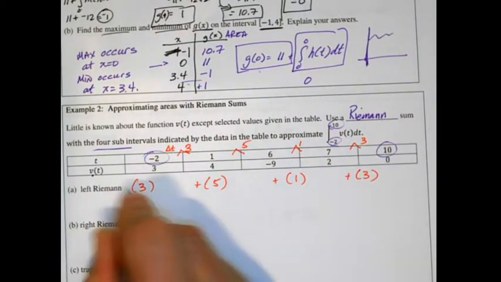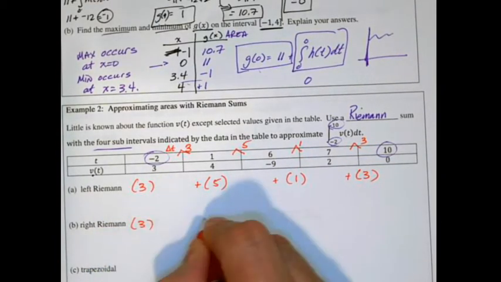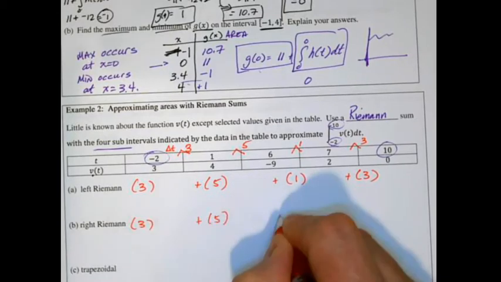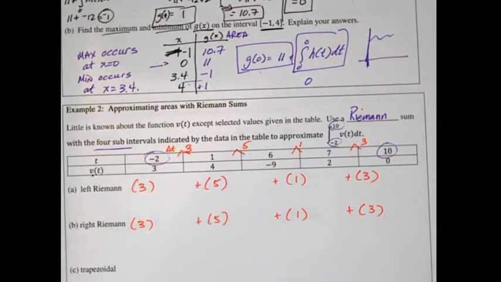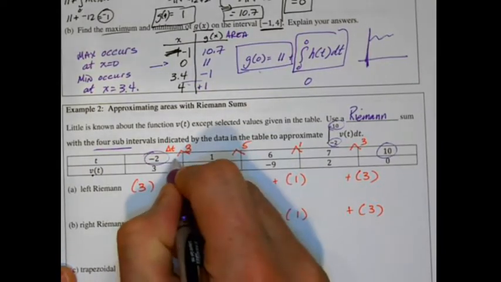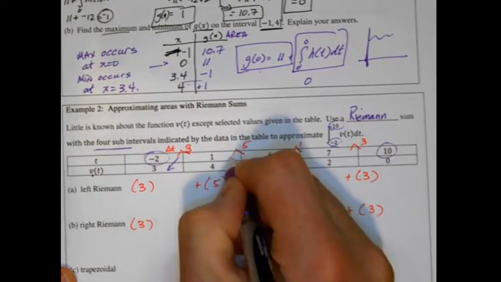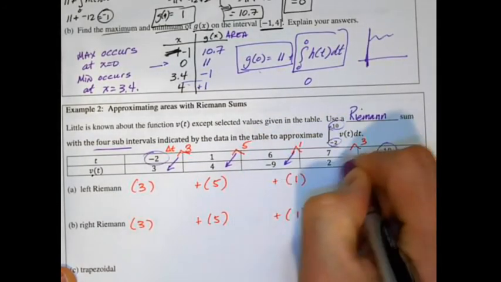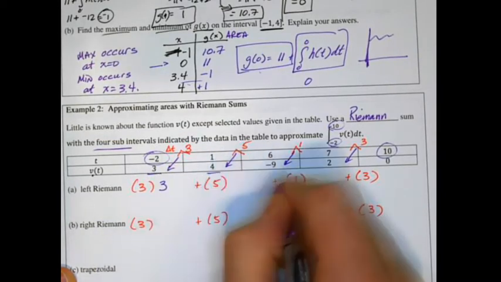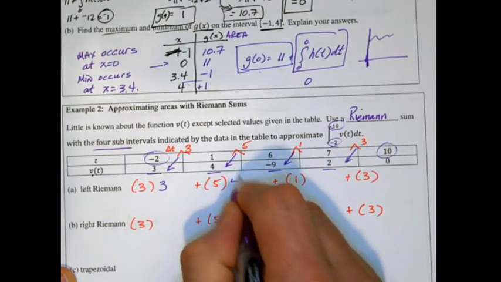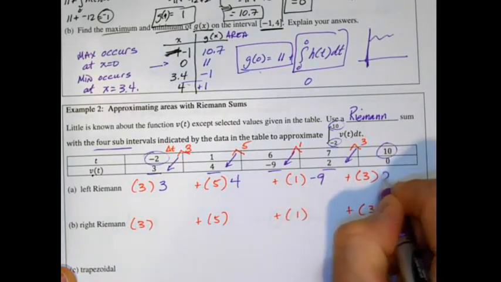Now, left and right are going to use the same delta t's, so I'm just going to recopy these down with the values that go along with the velocities. In purple, if we're using the left, we use the left value of each interval.